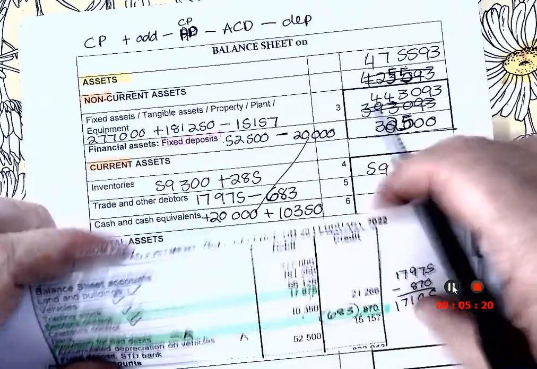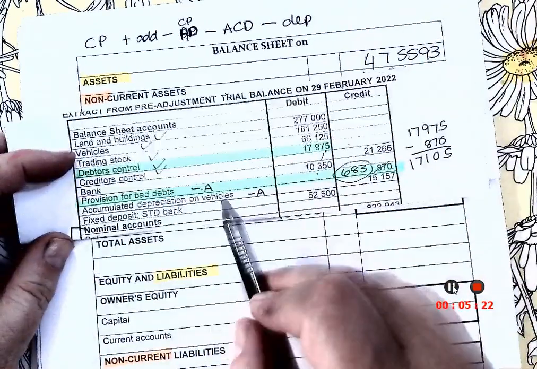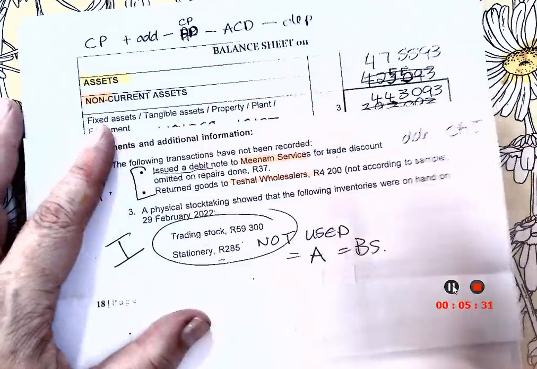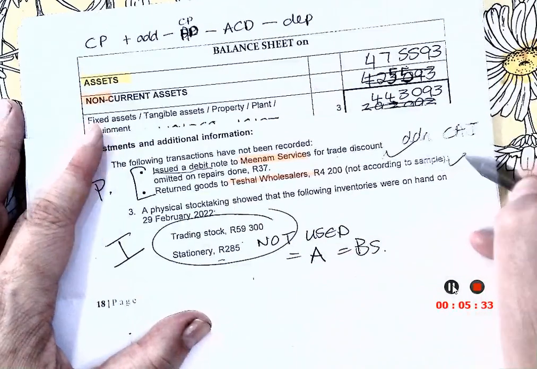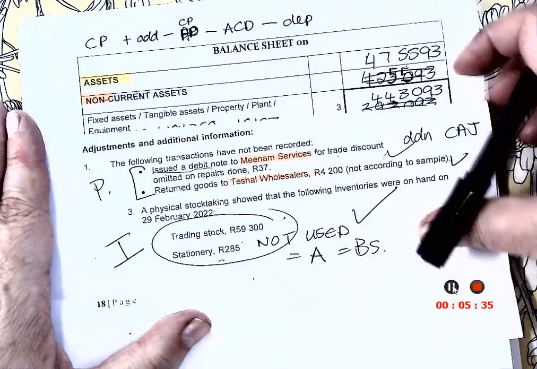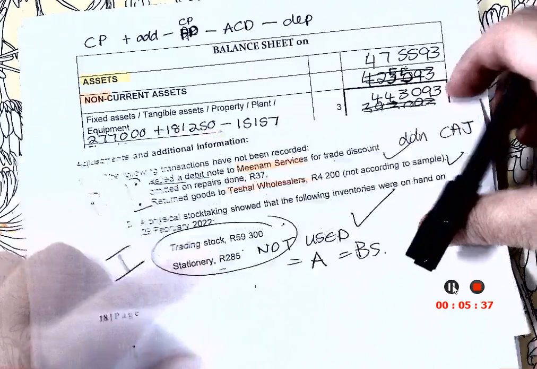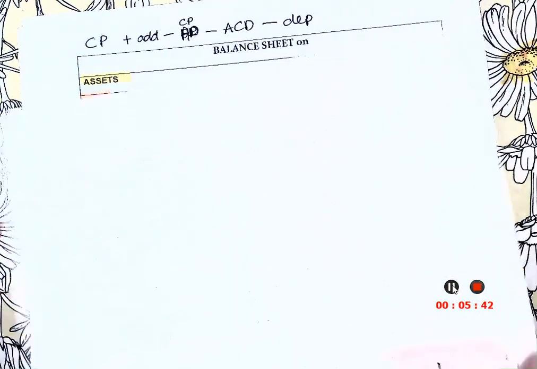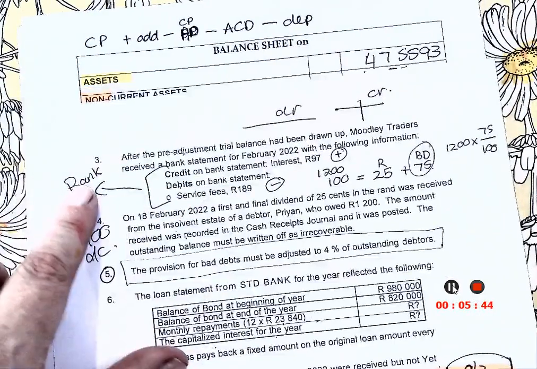Okay. Then I see accumulated is in, fixed deposit is in. Next thing I'm going to go through is my adjustments. First adjustment, I've already done it. Second adjustment, third adjustment, why is it numbered so weird? It's already done. Then I see next adjustment has got to do with the bank.